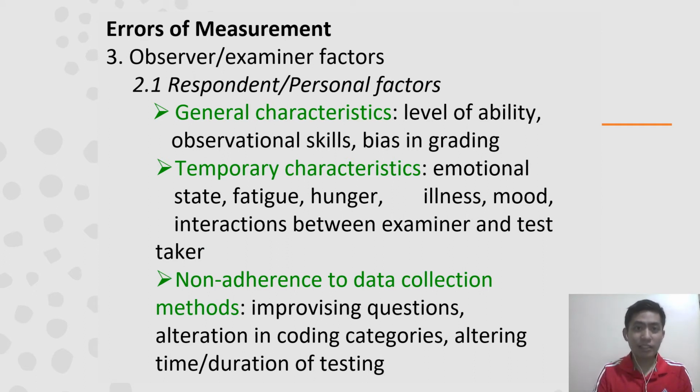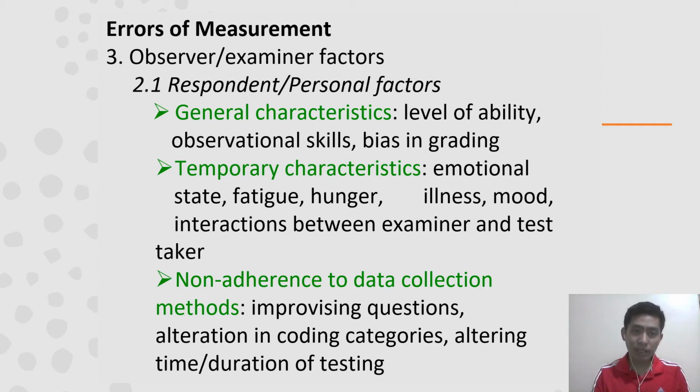We have general characteristics, respondents' personal factors, level of ability of observational skills, and bias in grading, temporary characteristics, also the emotion, non-adherence to data collection, improvising questions, alteration in coding categories, altering time duration of testing.